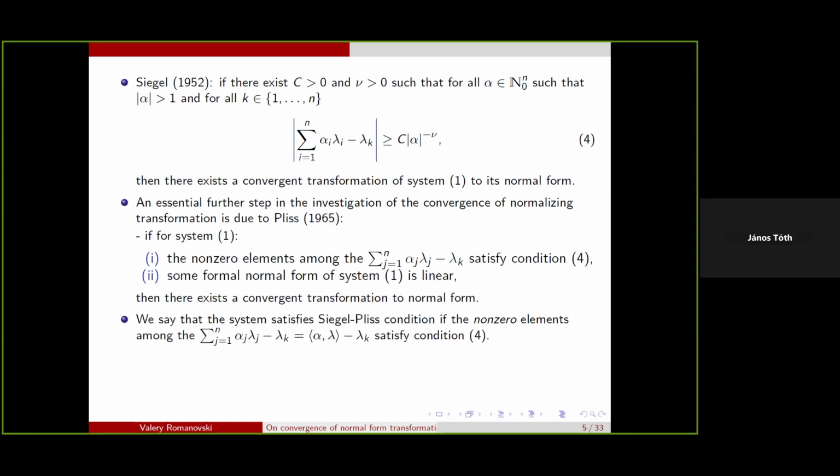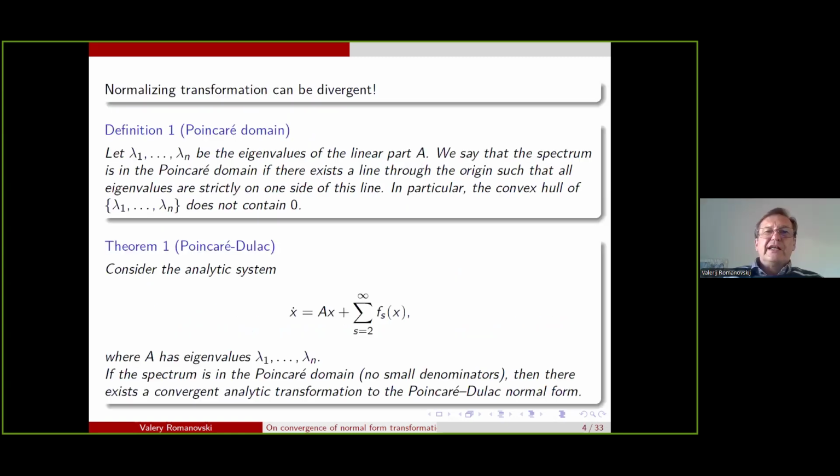Excuse me, Valery. Yeah. I think the first condition is easy to check. Is it? The previous condition. This condition? No, the previous one, what we had on the previous slide. Yeah, the Poincare condition, yes. Yes, this is simple. But the other one is not. Yes, it's simple too.